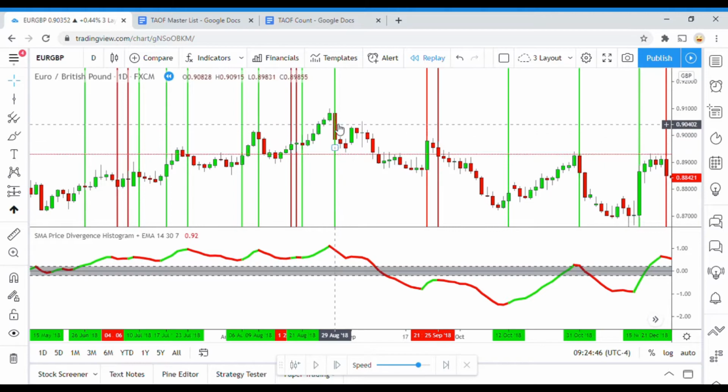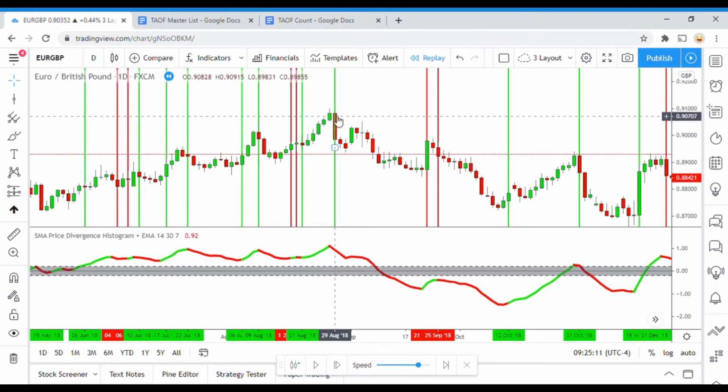Even if I would have measured out without this candle, because what would happen was this candle here would have been the signal candle, and this candle here would have been the entry candle. Now, if it could have called that, that would have been phenomenal, right? Amazing call on that indicator.